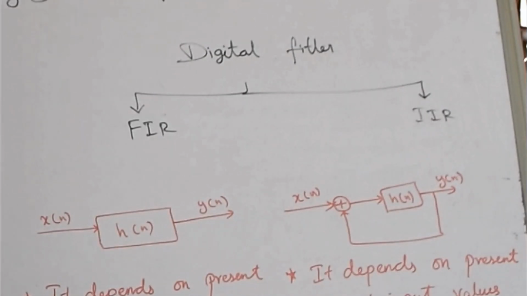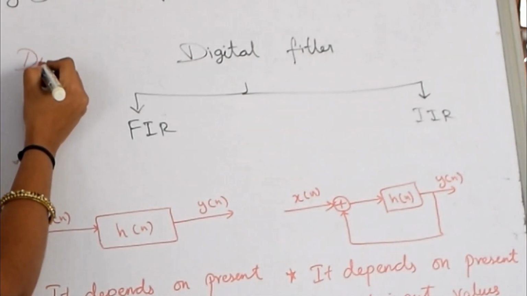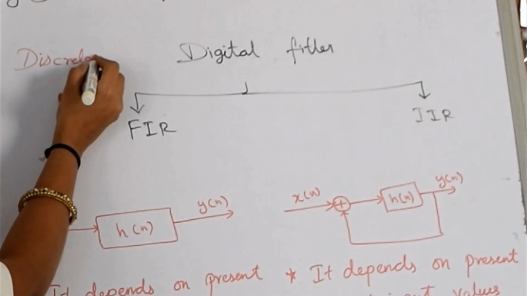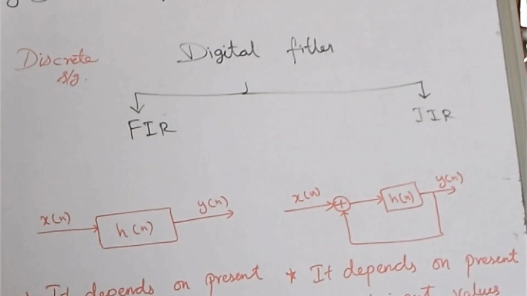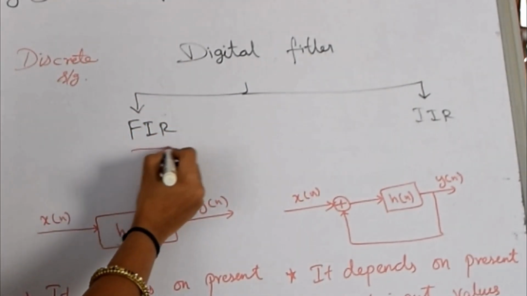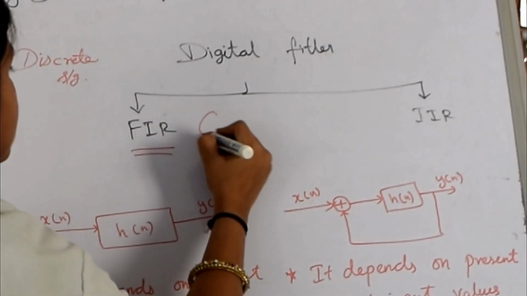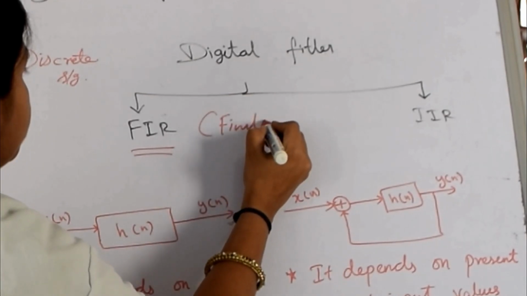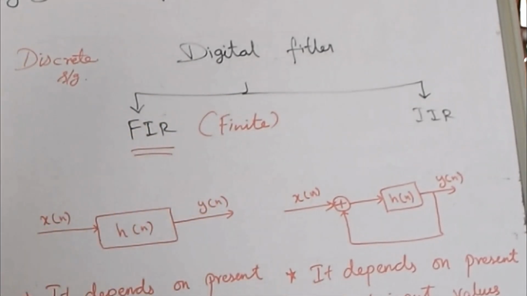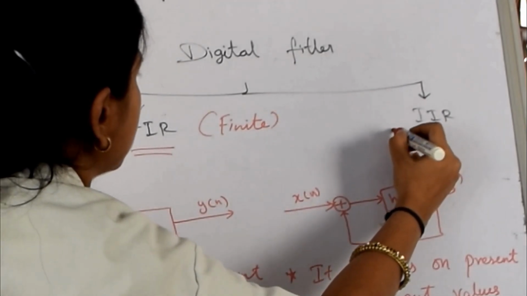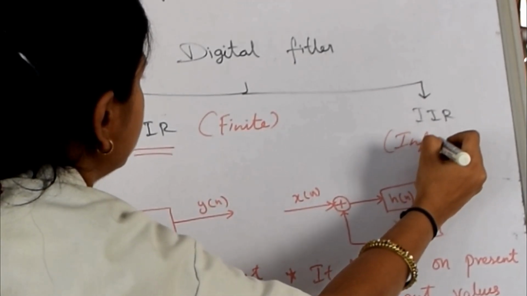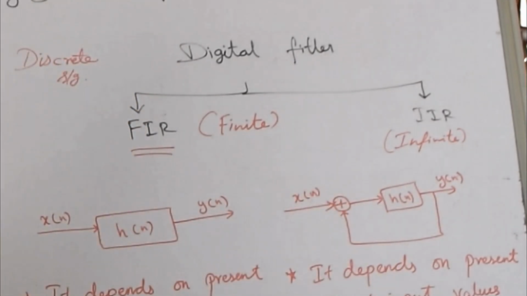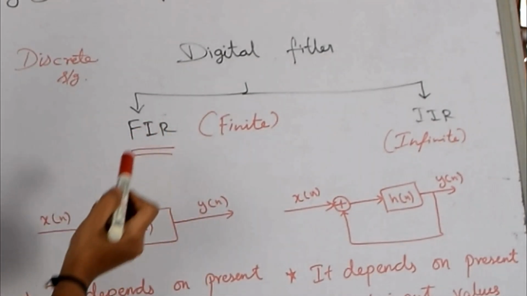Here in digital filter it considers only the discrete signal values. It is categorized into two types, FIR, that is finite impulse response filter, and the next one is IIR, that is infinite impulse response filter. So just consider this block diagram for FIR.